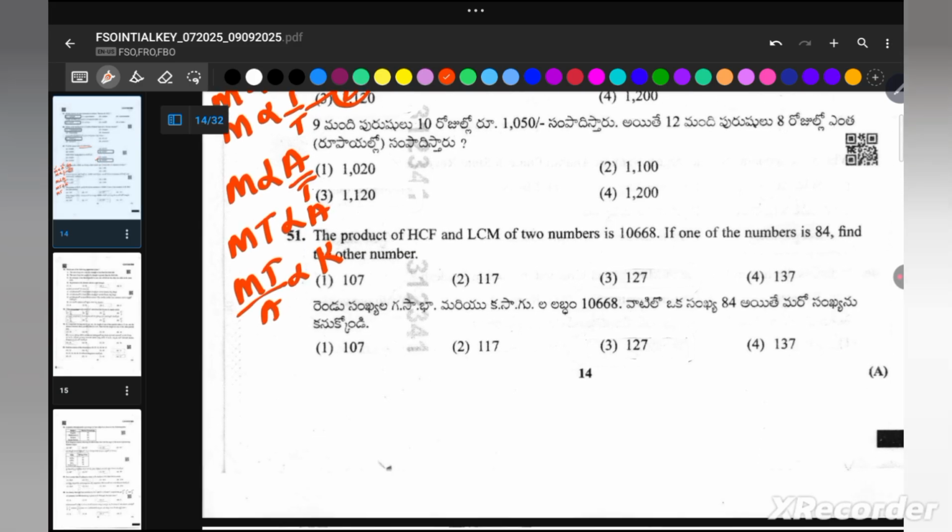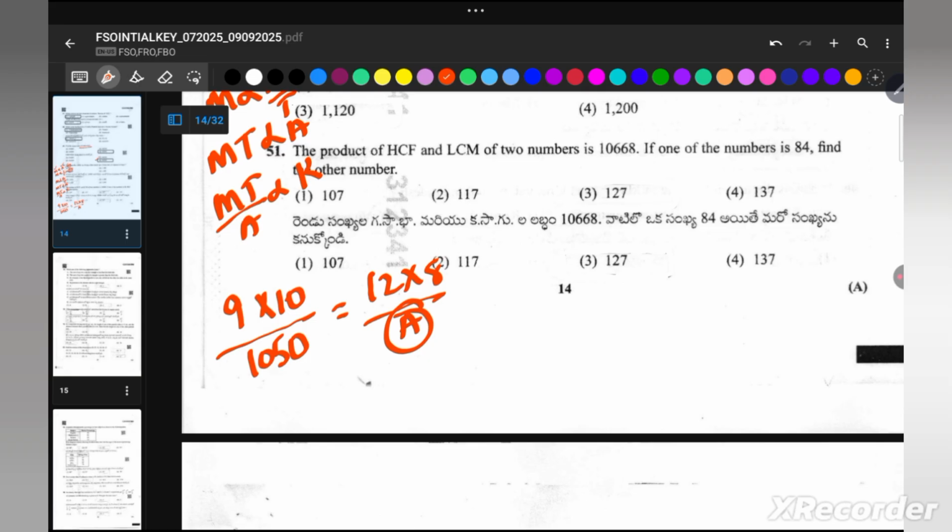That means men 9 into 10 by amount 1050 rupees is equal to 12 into 8 divided by A. That is the amount. If you simplify these fractions further, the zeros will cancel. 12 8s are 96, and 96 in 9 and 96 in 3 times, and this will be 32 times.